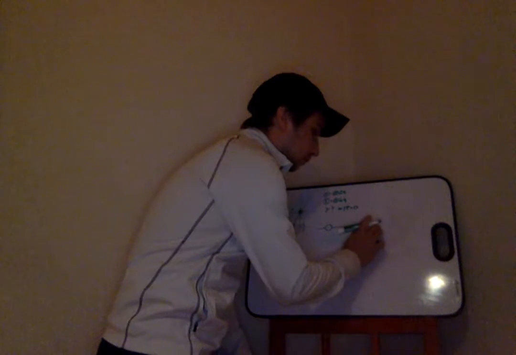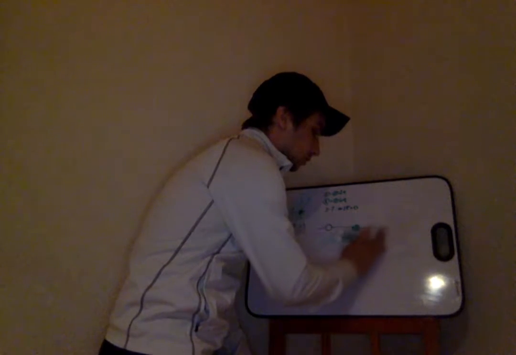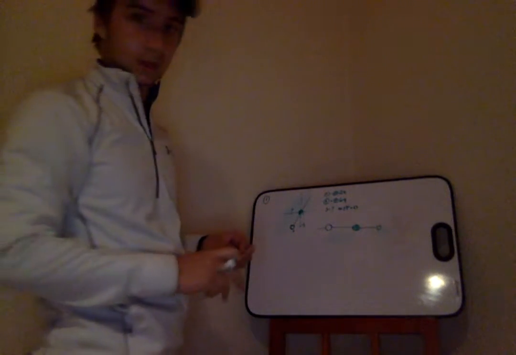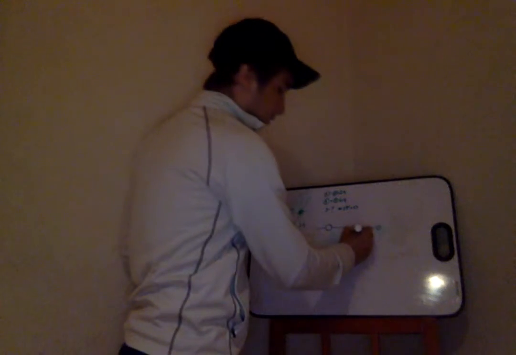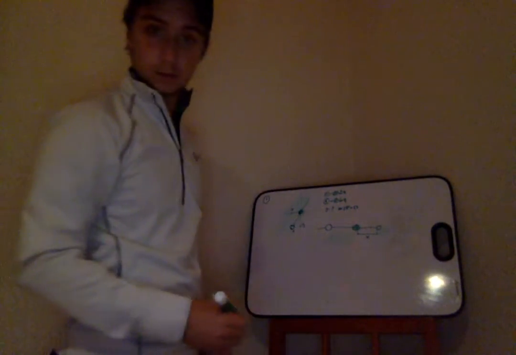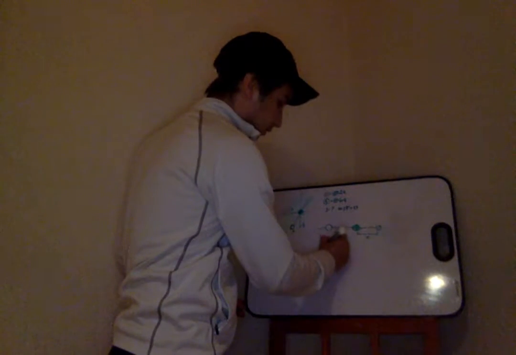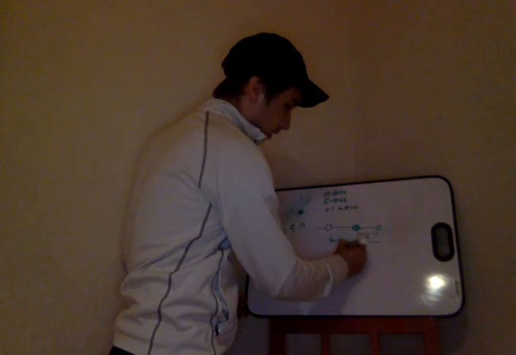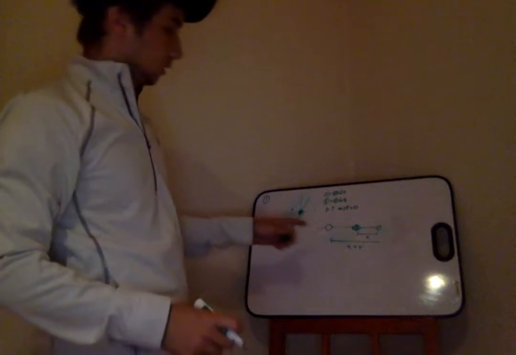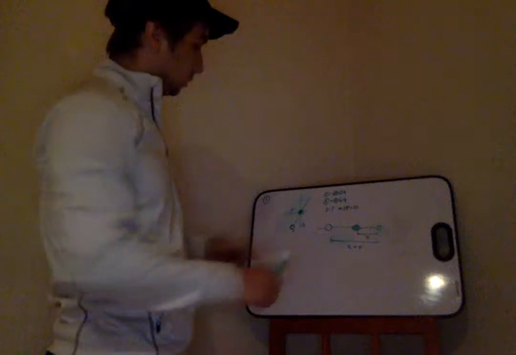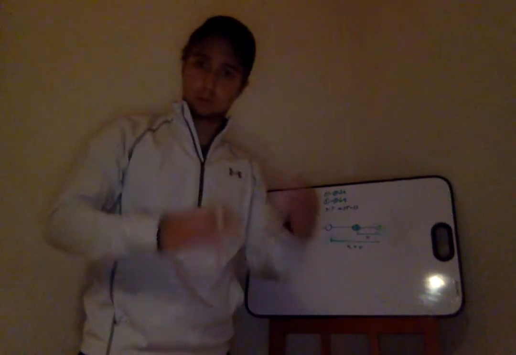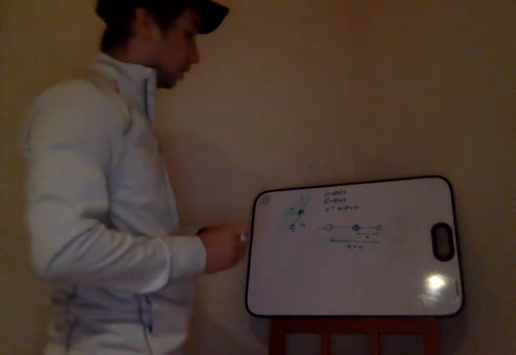So if we locate a positive charge, let me do it positive. This distance would be x, and this distance would be x plus the distance between charge 2 and charge 1, which we will calculate later on.